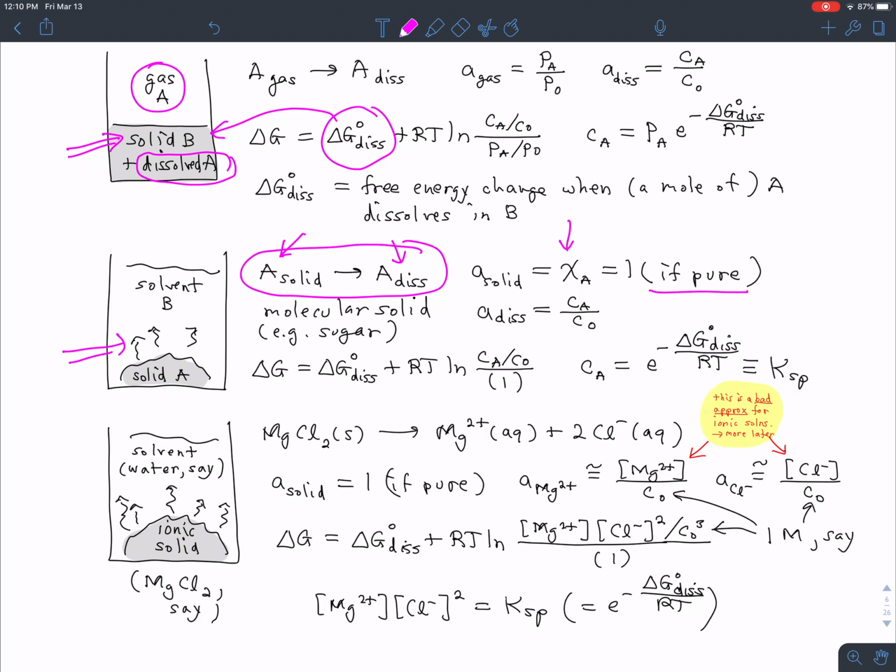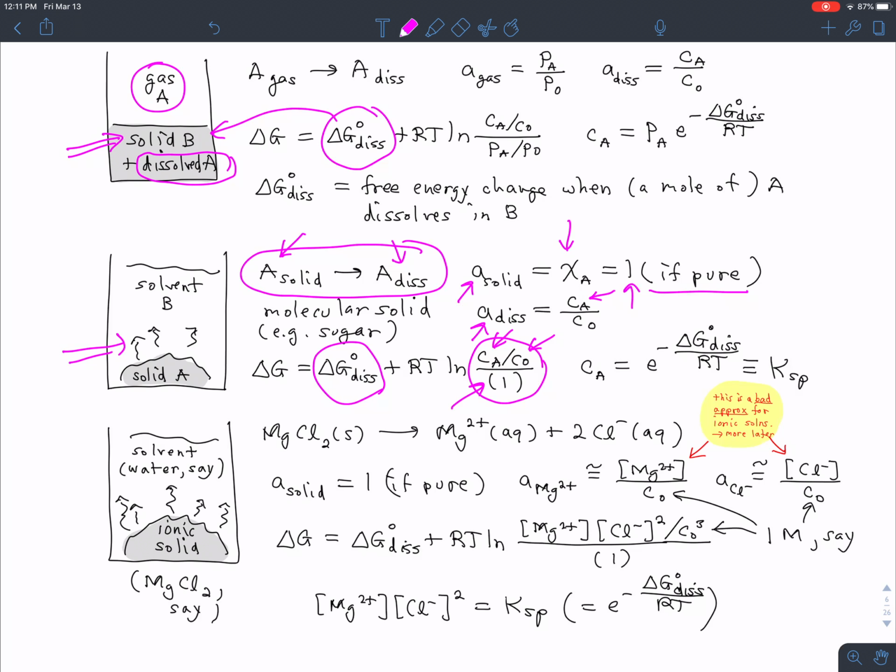If the solid is pure, as it usually is, or very close, then that's 1. And so the activity just doesn't even show up in that case. It's a pure constant. The activity in the dissolved phase is the molar concentration for A in that phase. That means Q is then the molar concentration divided by the standard state molar concentration divided by the activity for the solid, which is a 1 in this case. The delta G is the delta G for the dissolving process, which can be found in tables.